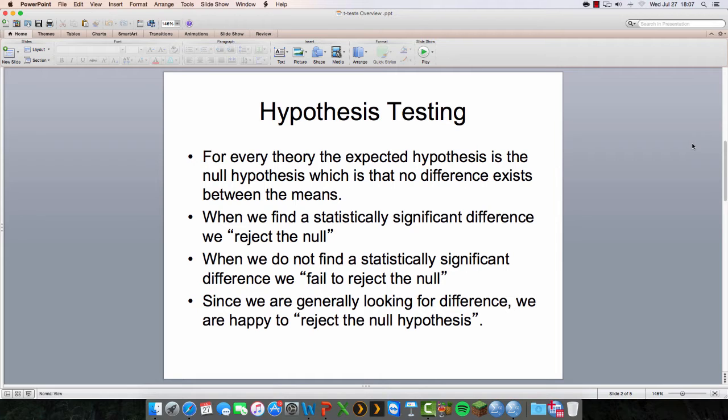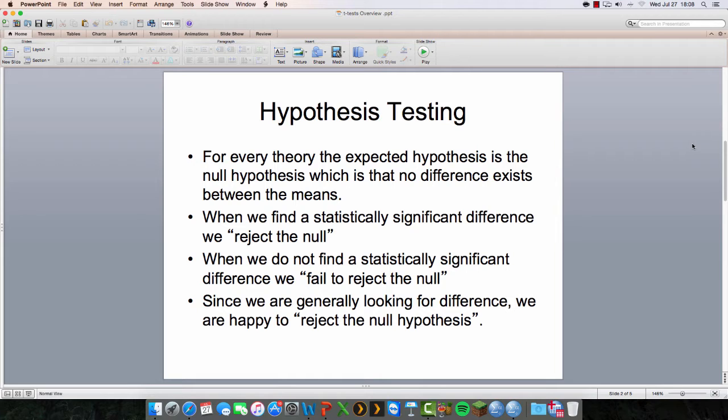So when we find a statistically significant difference, we say we reject the null. We say in every case that there's no difference in the mean values for our t-tests. It's some variation always on no difference. Nothing is happening, right? So when we do not find a statistically significant difference, we fail to reject the null.